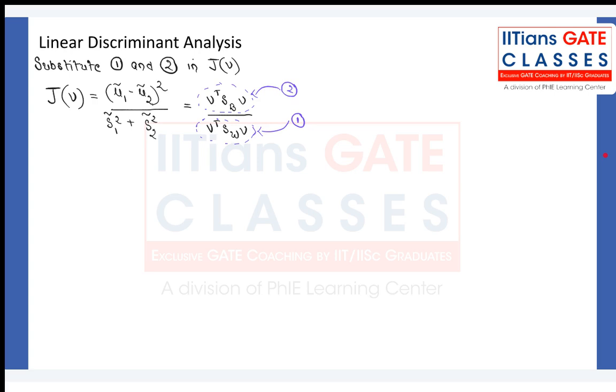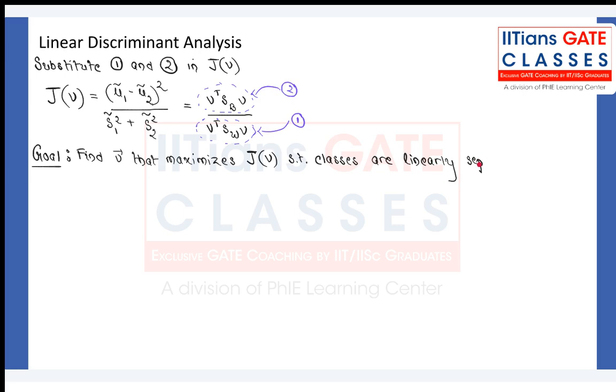So the goal is to find the unit vector v that maximizes J(v), such that classes are linearly separable. Okay, such that classes are linearly separable.